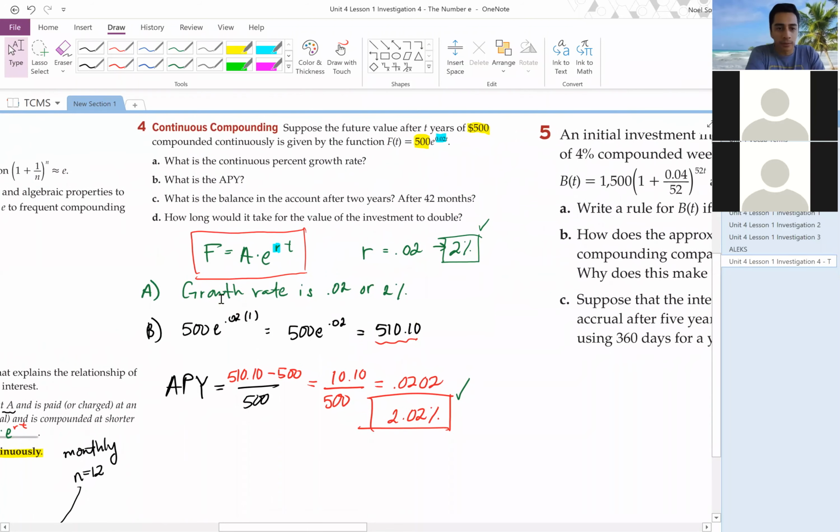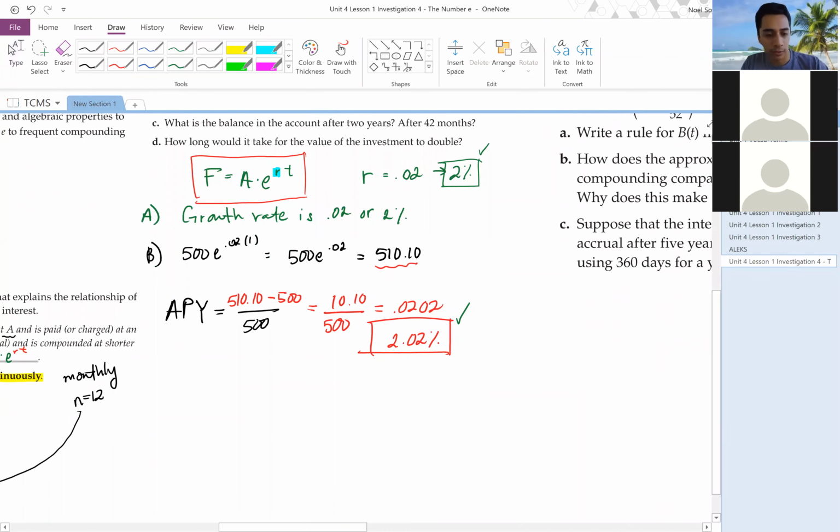Okay, so for part C of the problem, it's asking what is the balance in the account after 2 years, and what is the balance after 42 months. Remember that time is always represented in years unless we're told otherwise. So to solve part C, we start with the final value formula, equal to the initial times e to the r times t power.